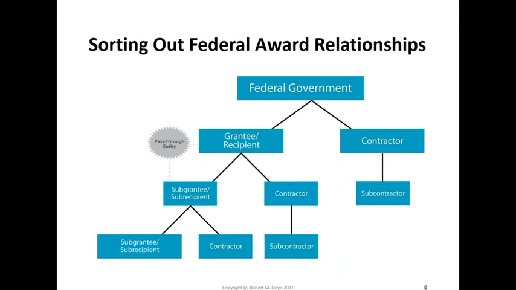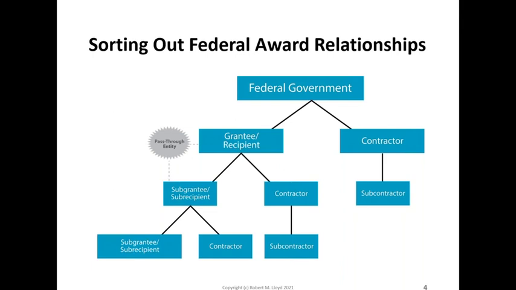They follow up to assure that there's delivery of what was expected. And so it is those rules that we're dealing with here in this discussion. Now, we may come back to slide 4 occasionally for further clarification, because where you sit in that chart determines what rules you have to follow.